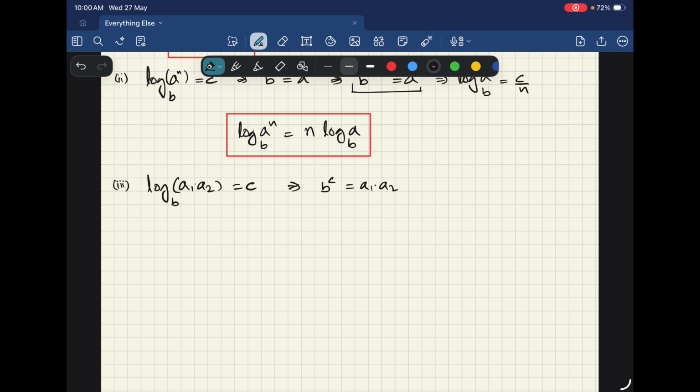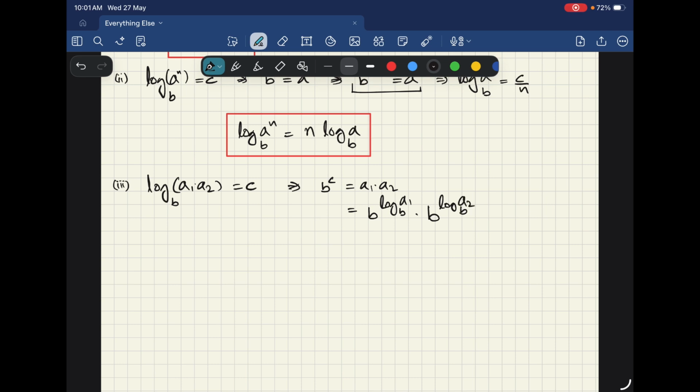Like, we can use that formula to rewrite a1 and a2 like this, equals b raised to the power log a1 base b times b raised to the power log a2 base b.